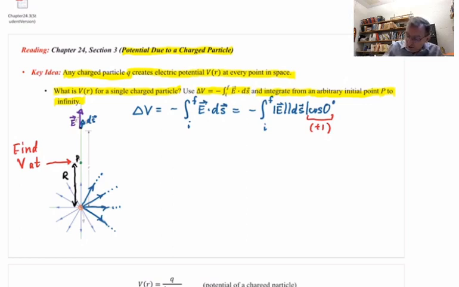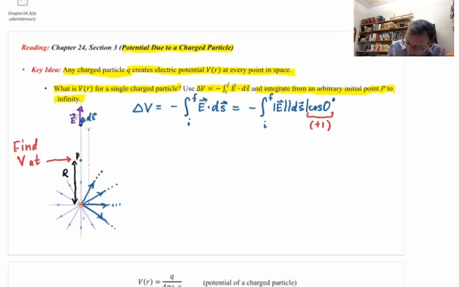Now let me put in expressions for these other things, like the magnitude of E. Well, remember I said this procedure only works if you already know the electric field. And I mean the formula, the symbolic expression. And so for E here, that would just be, in this case, Q over 4 pi epsilon 0 little r squared, where little r is the distance from the charge out to this point where we are.